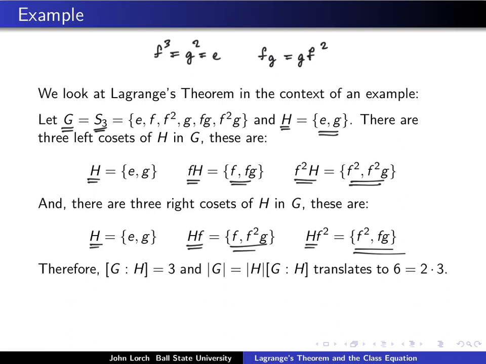So whether we're talking about left cosets or right cosets, the number of cosets of H in G is 3. It's the number of distinct cosets. And the size of G, which is 6, can be written as the size of H, which is 2, times the number of cosets of H in G, which is 3.